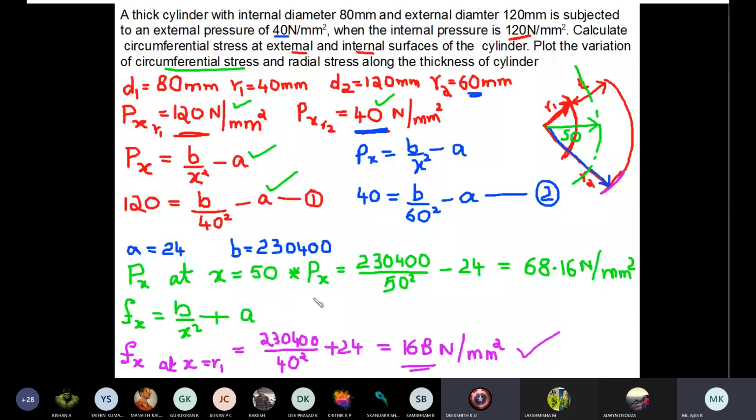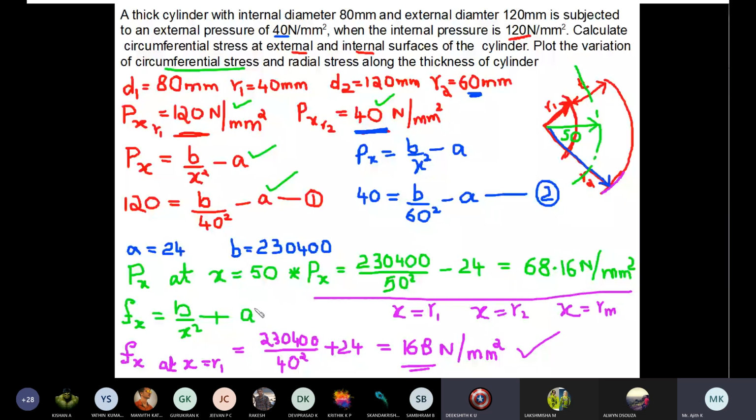Actually, here the first half is complete. After this, next we have to find the fx value at 3 different points: fx at x is equal to R1, fx at x is equal to R2, and fx at x is equal to Rm, the mean radius.